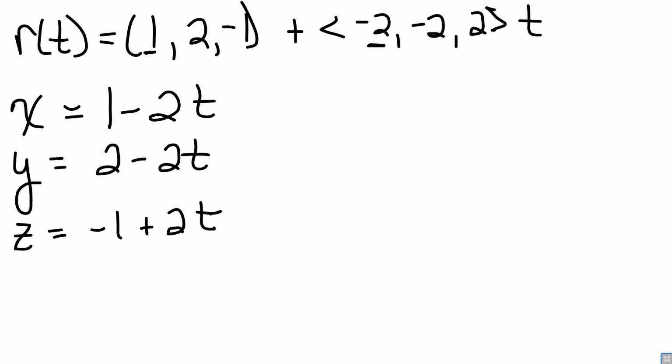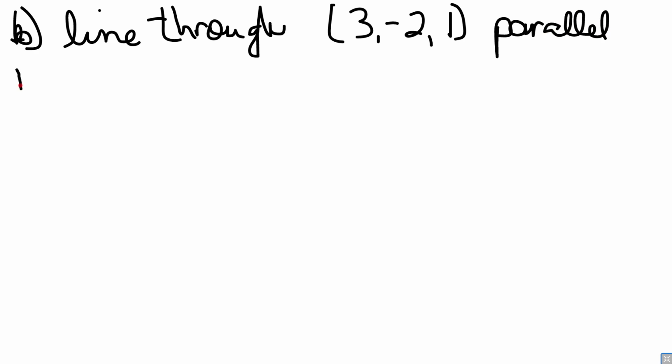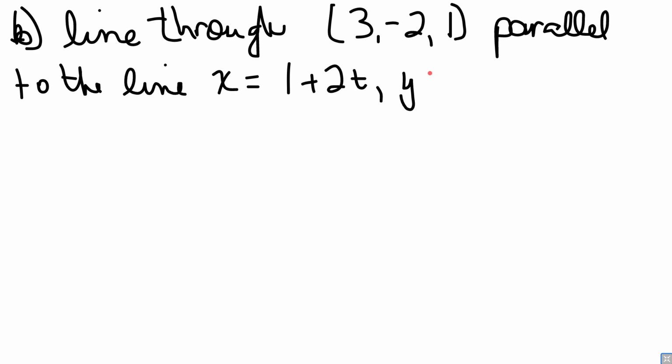So our next example is this, and this is just part B. We have a line through the point 3, negative 2, 1, and it's parallel to the line x is equal to 1 plus 2t, y is equal to 2 minus t, and z is equal to 3t.